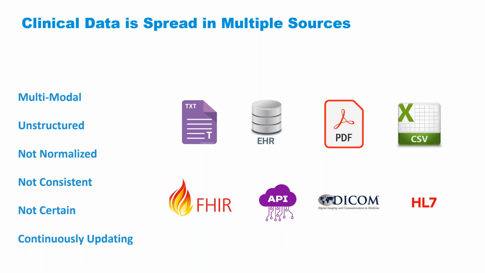That means, of course, you have multiple EHR systems with information about the care that was given to patients, but you can also have raw documents in TXT format, let's say clinical notes, or they are in PDF format, or they are being exchanged via a file server, or maybe they have images and other types of information like spreadsheets or APIs and CCD and other formats.